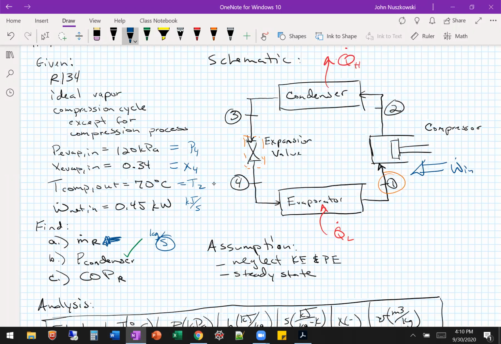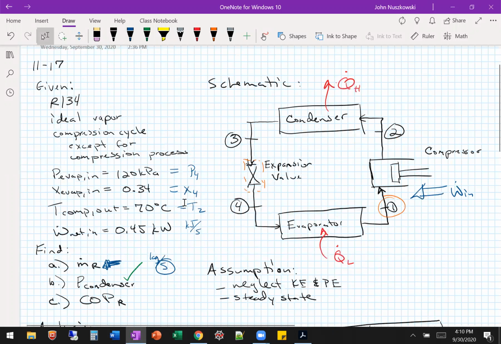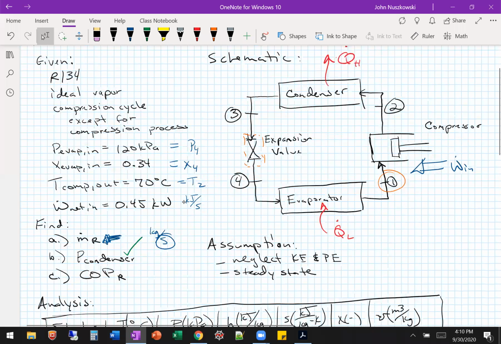So we need to use the work in. Now that we have state 2, because the state is fixed at 2, now we can do our COE here, right?